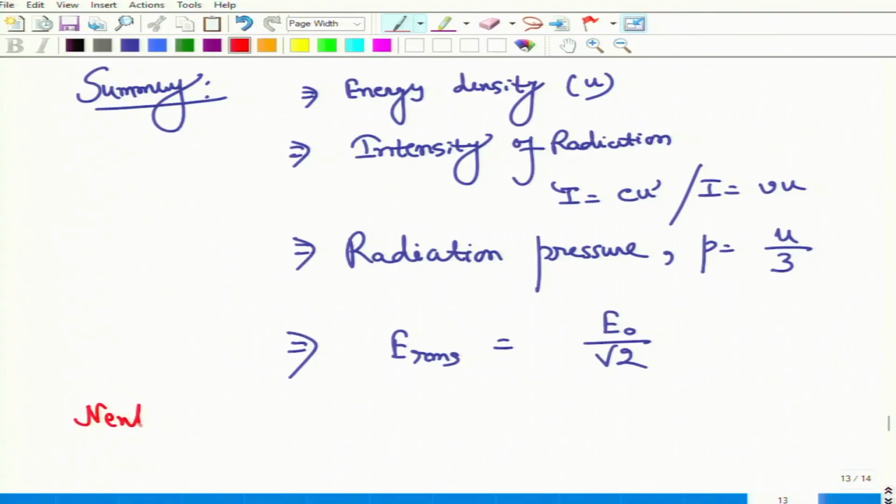If we order them in terms of wavelength, then for radio wave the wavelength is maximum and the energy is minimum. Okay, leave it. In the next class we will discuss, probably the next class will be the last class, I think.